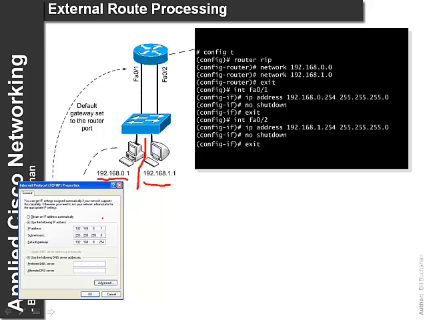In this case, the node here is set up so that the default gateway is actually the Ethernet port on the switch. So its address is 0.1 and the default gateway here is 254. So when traffic needs to go out of its network, its local subnet, then it must go to the default gateway.